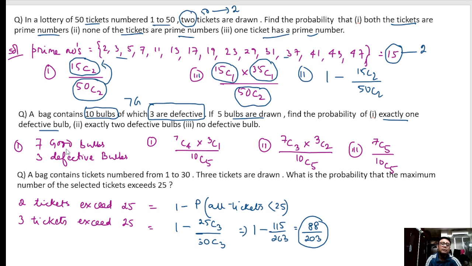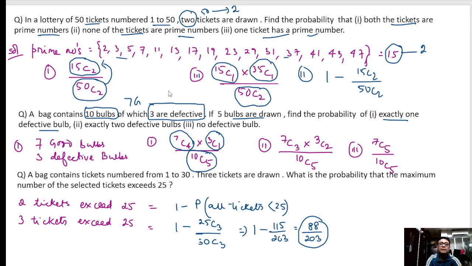So 1 defective bulb from 3 bulbs, and total I will draw 5. So 1 is defective and the 4 should be good ones. From 7 good bulbs I will draw 4 bulbs. Out of the 10 bulbs I have to draw 5 bulbs.